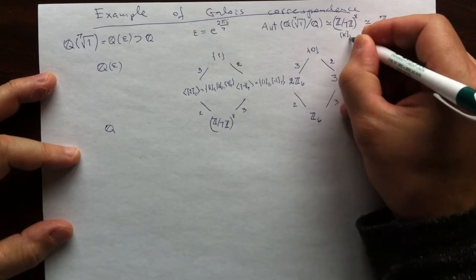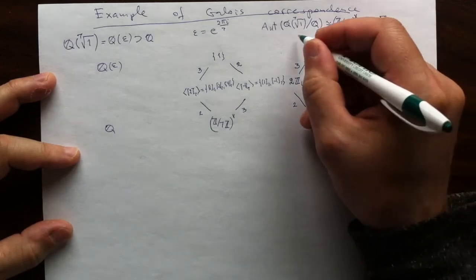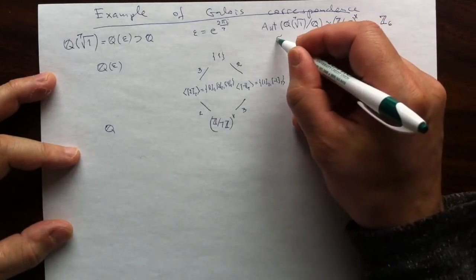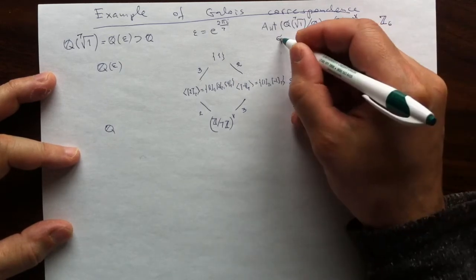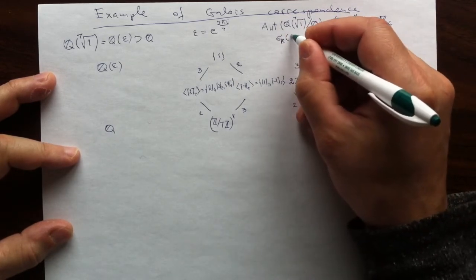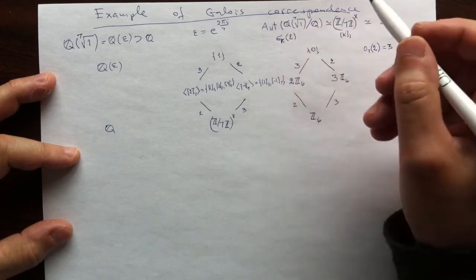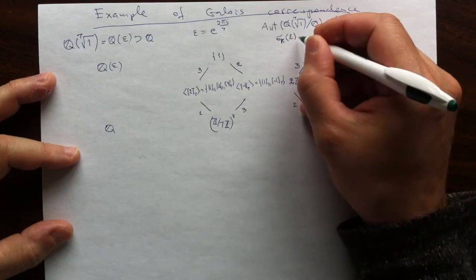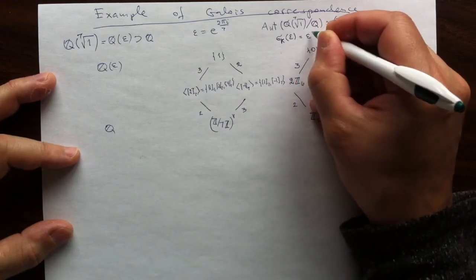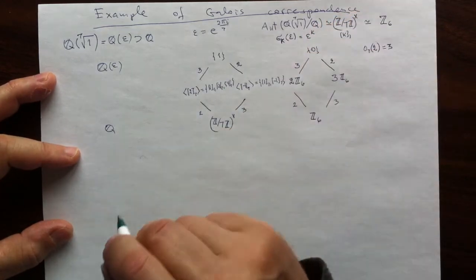The class of k mod 7 corresponds to a symmetry, I'll call it sigma sub k. And the definition of this symmetry is by its effect on the generator of the field, on this epsilon. And the effect is just raising epsilon to the kth power.